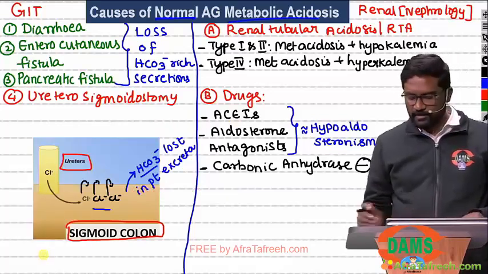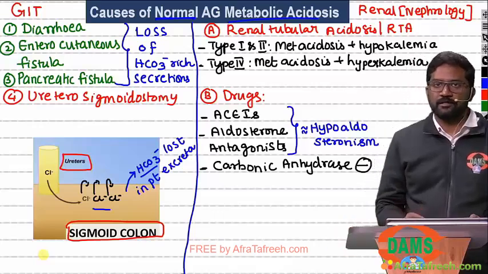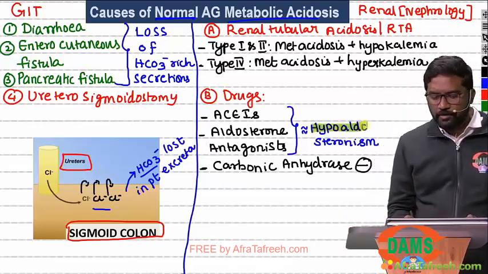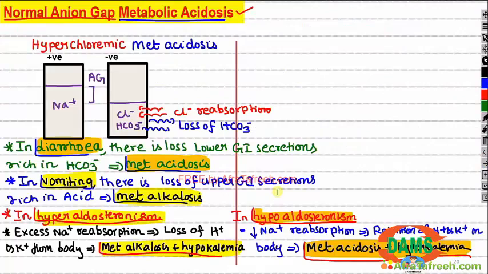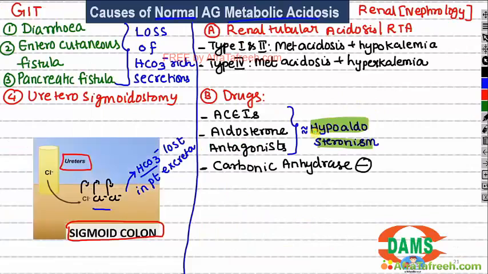So this is what we have discussed previously. So in hypoaldosteronism, what is the end result, students? In hypoaldosteronism, metabolic acidosis, hyperkalemia. So what is the side effect of ACE inhibitors and aldosterone antagonist? It will be metabolic acidosis, hyperkalemia.